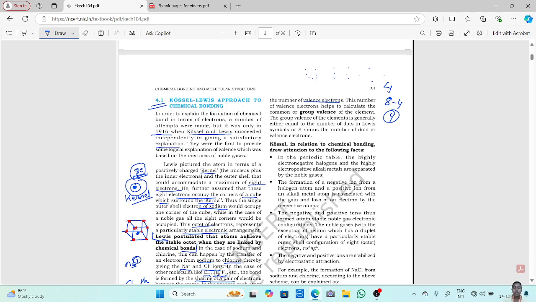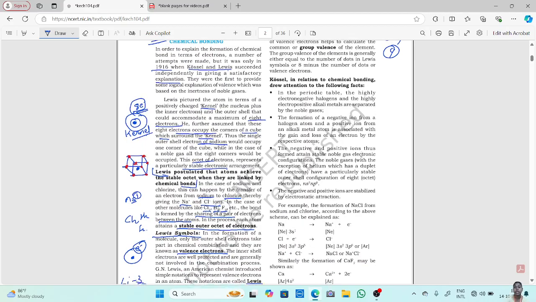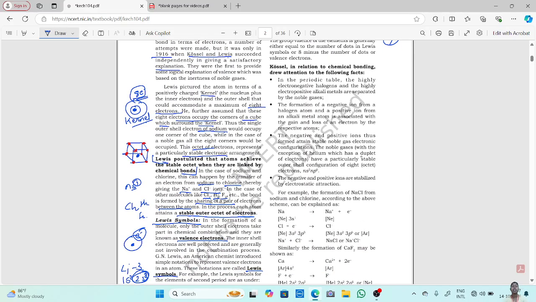Next, Kössel, in relation to chemical bonding, drew attention to the following facts. What are the facts associated with Kössel's approach? In the periodic table, the highly electronegative halogens and highly electropositive alkali metals are separated by the noble gases.